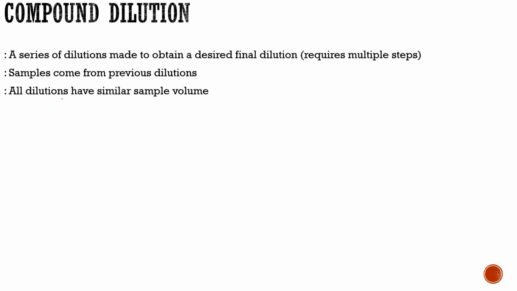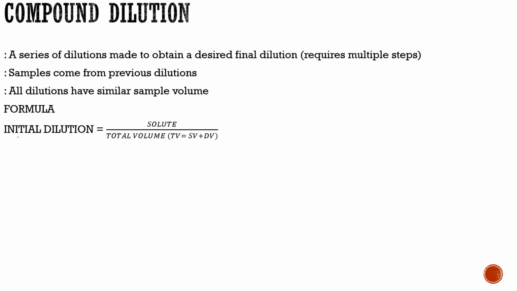All dilutions would have similar sample volume. Pakitandaan yan, class. Kapag sa compound dilution, you all have the same solute volume or the sample volume. So, kung sa first dilution mo, 2 ml ang solute, sa mga susunod na dilutions din, 2 ml din ang solute mo.